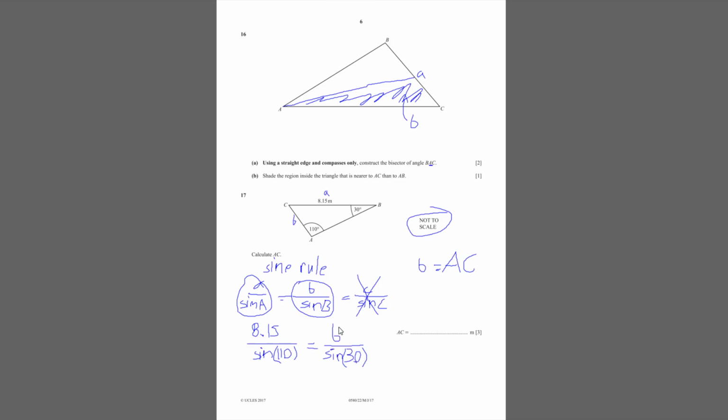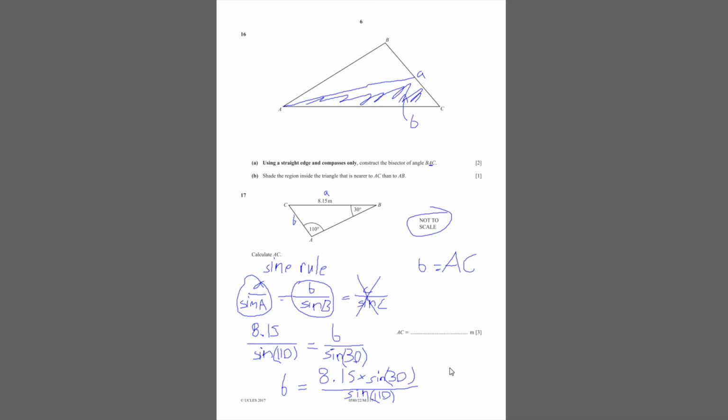Next, as we want to get b on its own, so we can calculate what it is, so we result with an equation with b equals, we need to multiply this side of the equation by sine 30. So we end up with 8.15 times sine 30 all over sine 110.